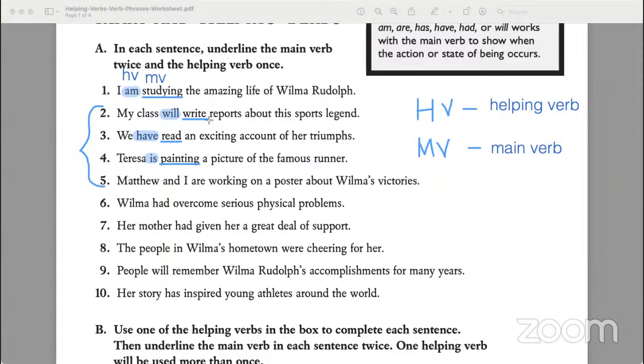Working. And the main and the helping verb? R is. Good. Well done.